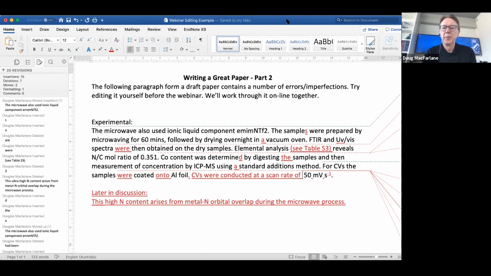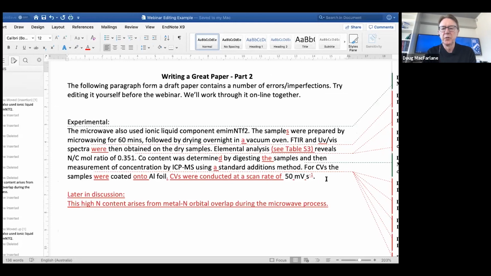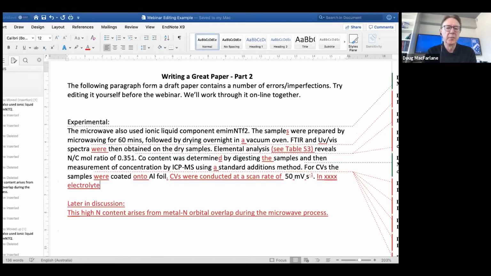And then I would actually prefer to continue on in this sentence or a new sentence with, in XXX electrolyte at 22 plus or minus degrees C. You get the point.